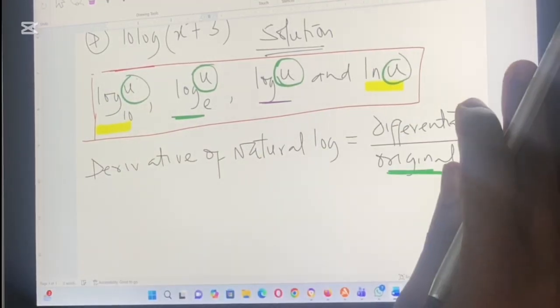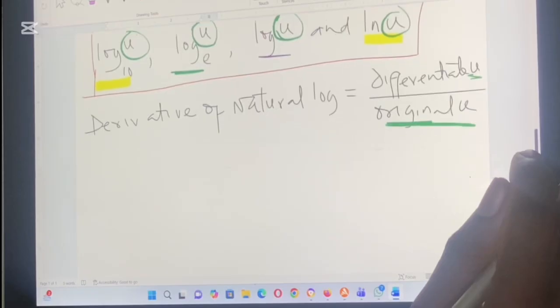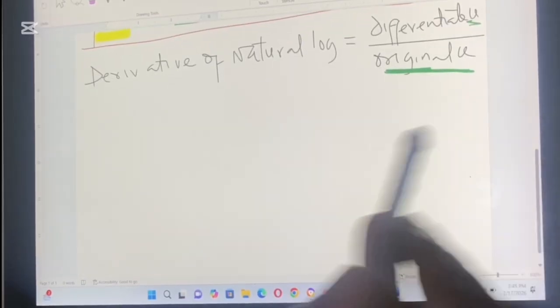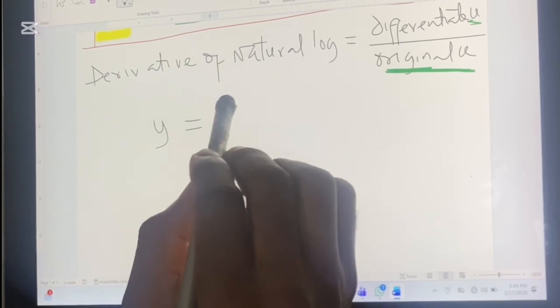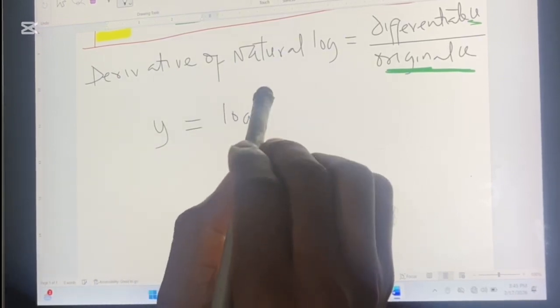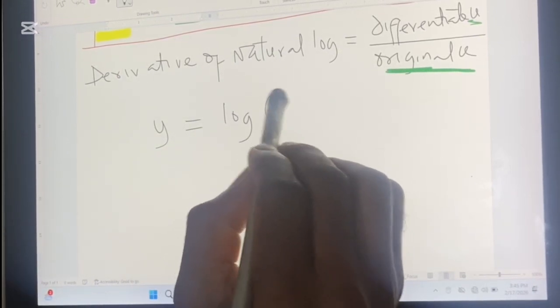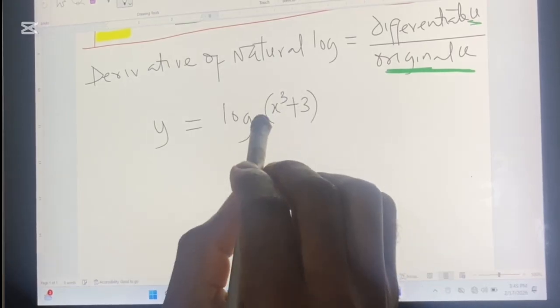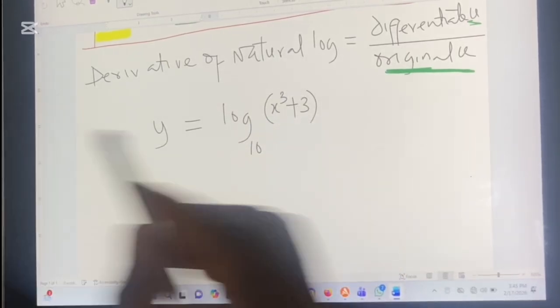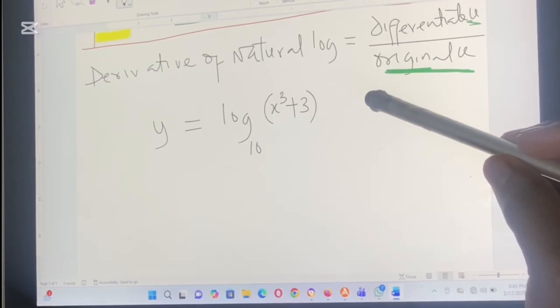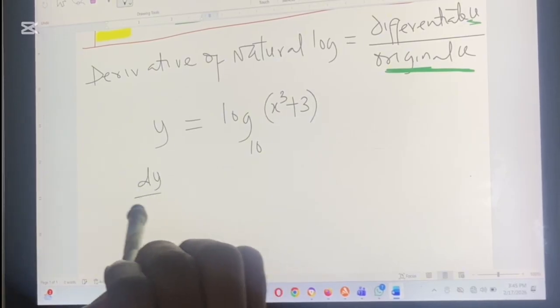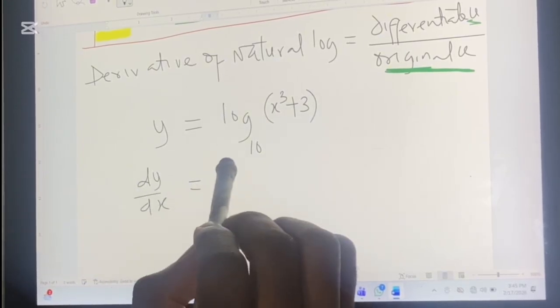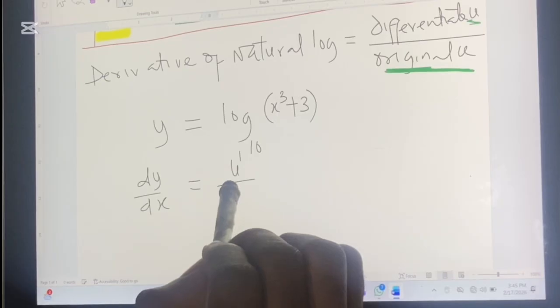Now let's solve this given question here. We are given the function y equal to log of s raised to 3 plus 3 base 10. Of course, this is one of the natural logarithms. So let's differentiate this. dy over ds of this will be equal to differentiate u over original u.